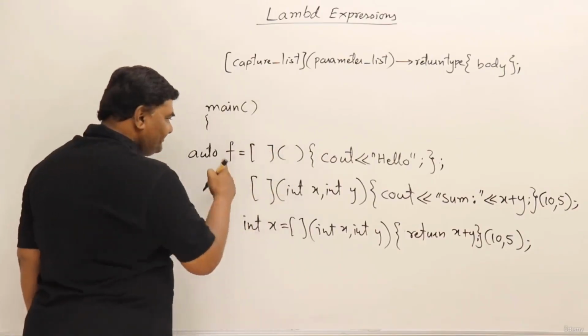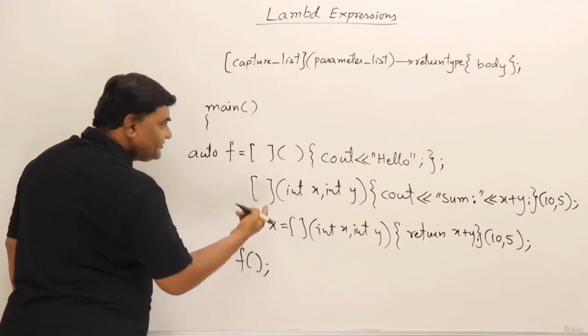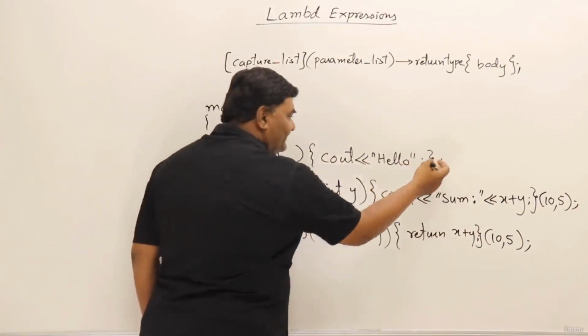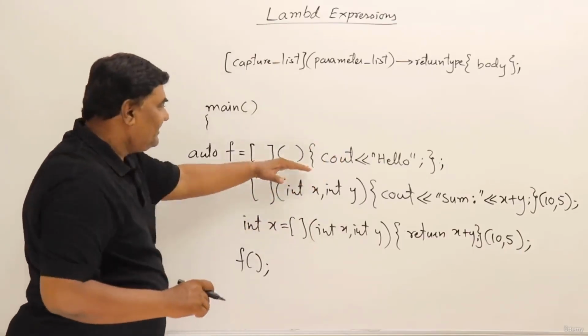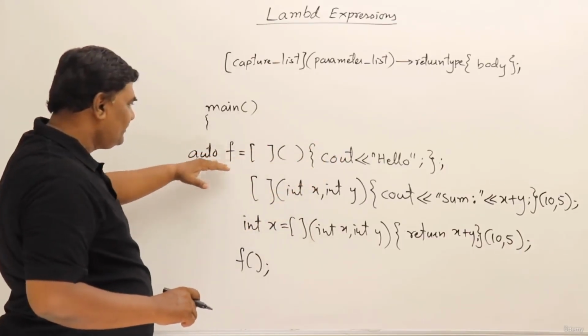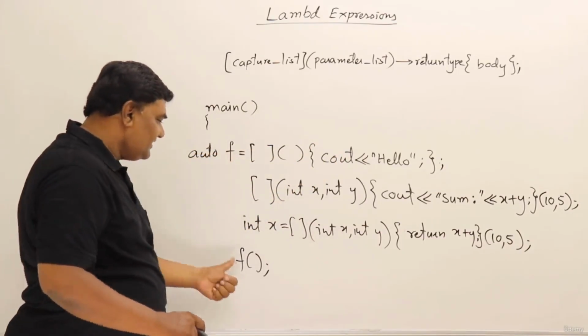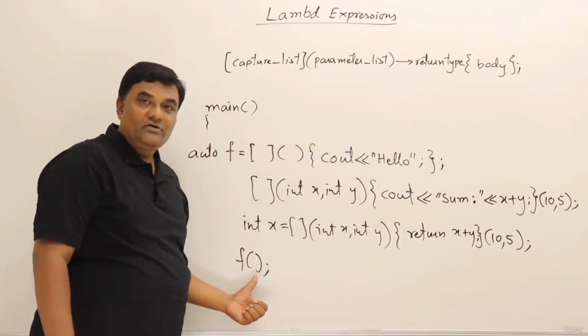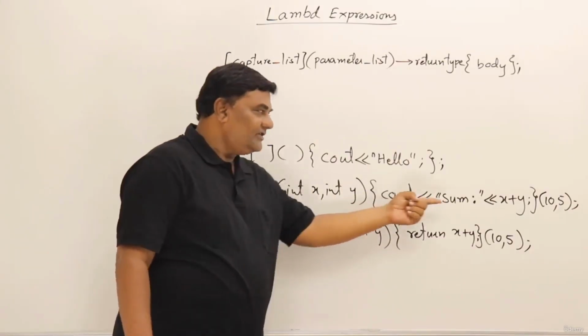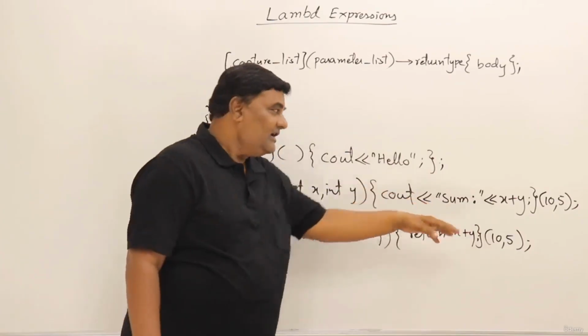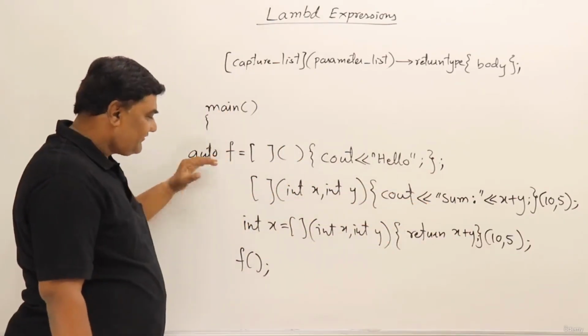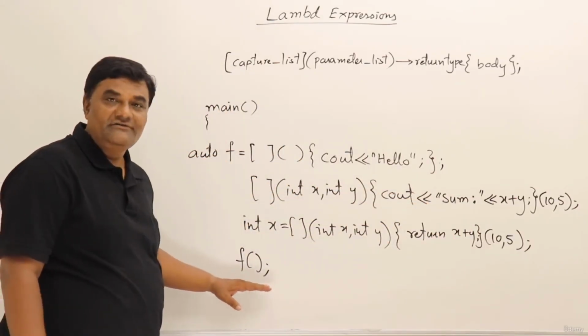I can call this function by using name f. I have not written the brackets here, so I am not calling it, but I am assigning it to some reference. So this is auto reference or a pointer to a function. Now using that pointer I can call the function. So we can directly call the function by passing the parameters there, or else we can assign it to some reference and then using the reference we can call the function.